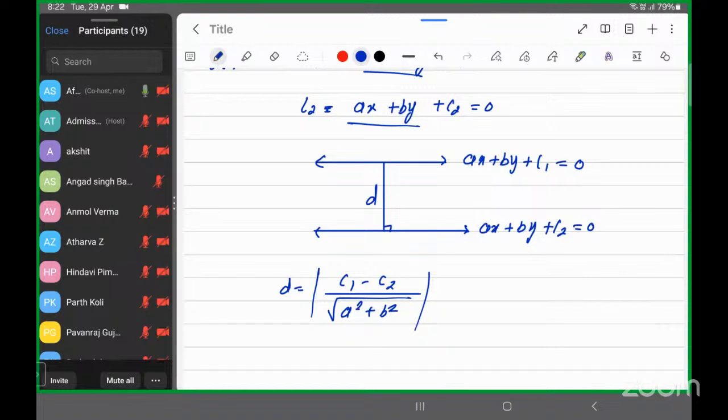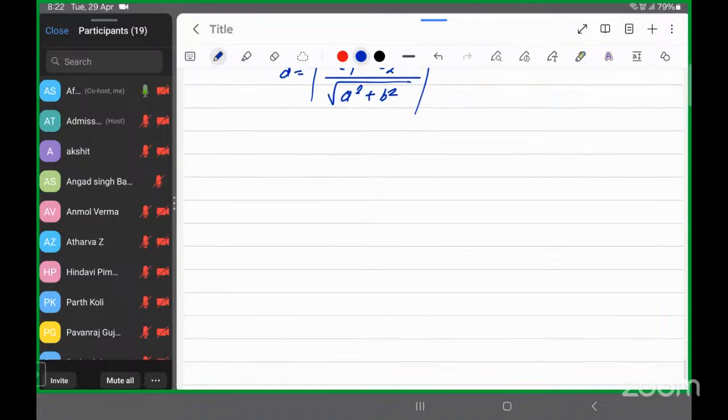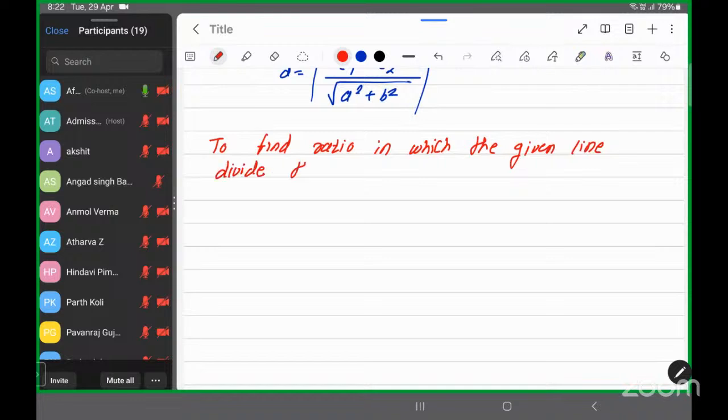One more concept in straight lines will be asked in competitive exams. The concept is that we have to find the ratio in which a given line divides the line segment of two given points.